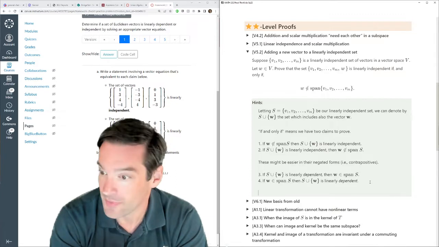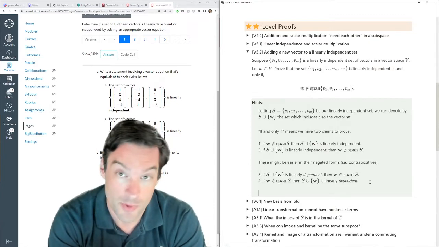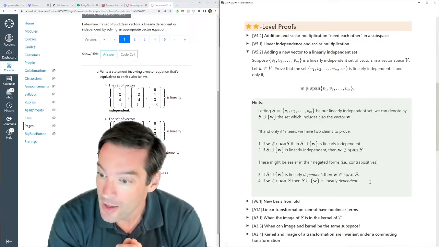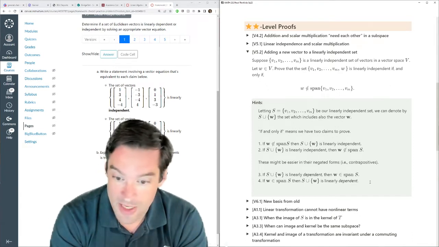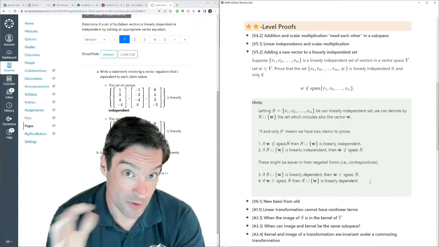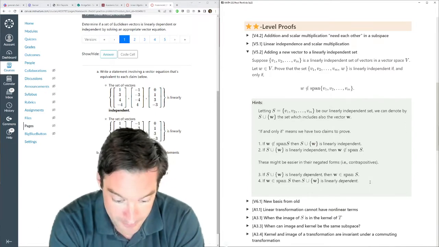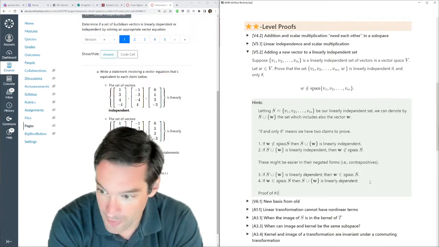Right? So that's how this gives us a foothold into a positive statement instead of a negative statement, because working with independence and working with not belonging to a span, those things are harder to do. So let's pick one of these implications, and then I just kind of want to scaffold out what that might look like. Let's take number 3, proof of number 3.